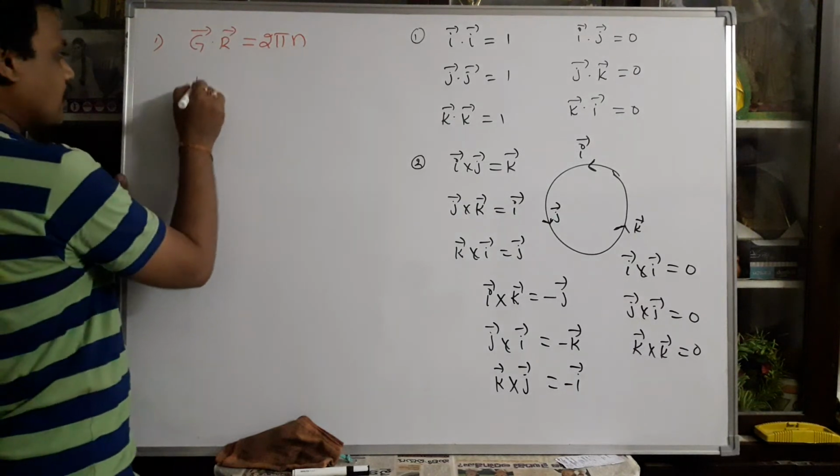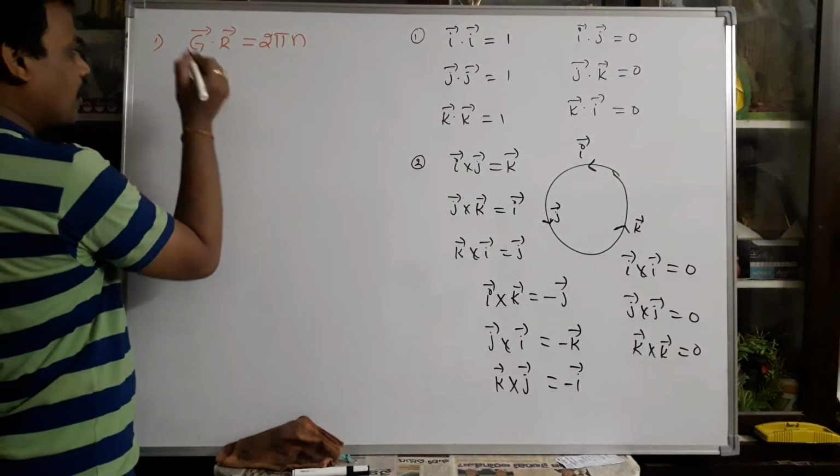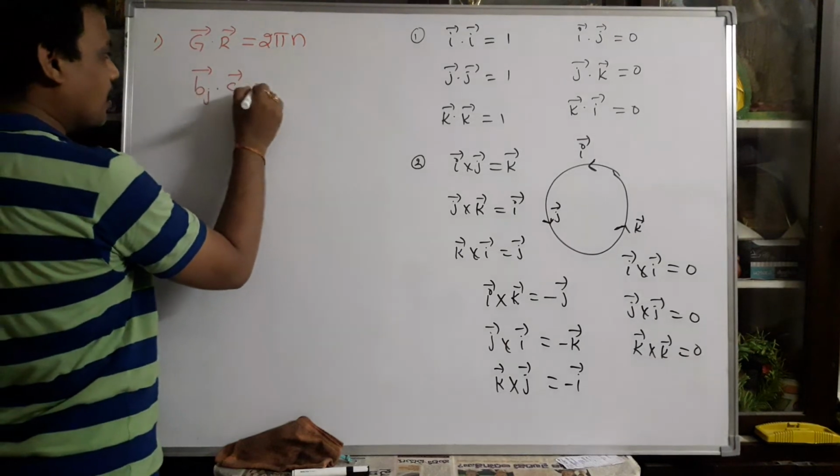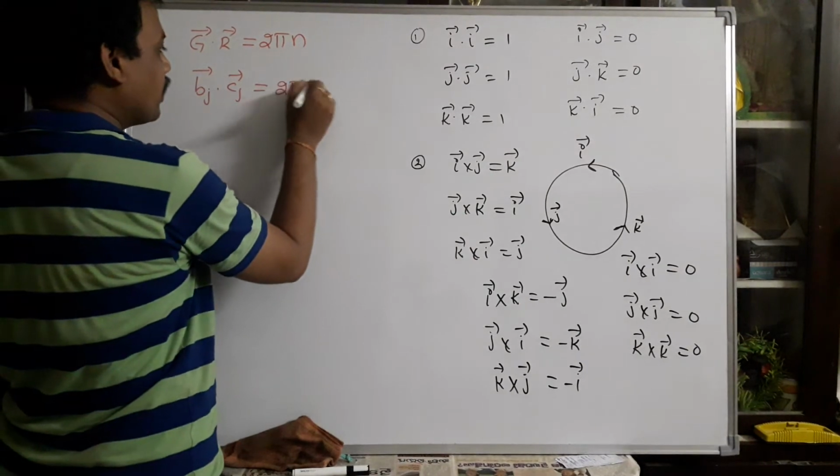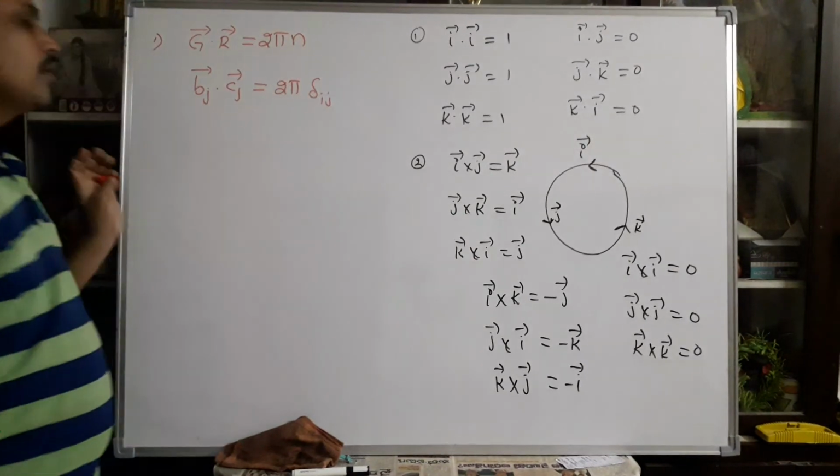According to this relation, b̅i·a̅j, otherwise delta, I am taking, is equal to 2π δij.